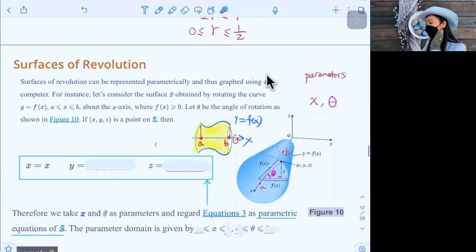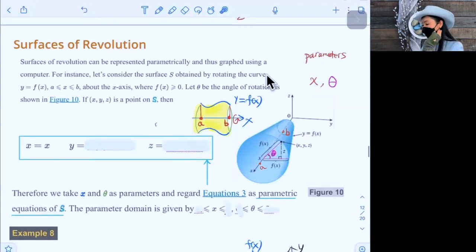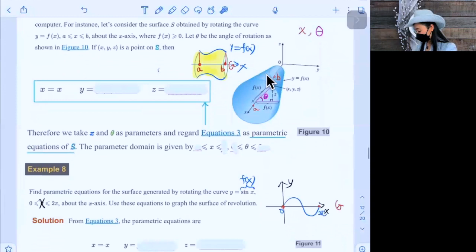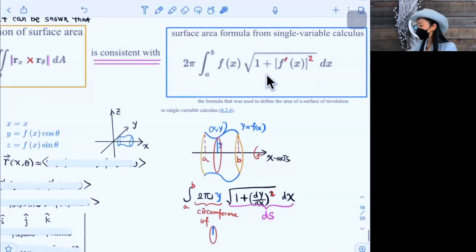Okay, next one, let's review the surface of revolution. Do you guys remember surface of revolution, right? Let me refresh your memory first. This is the formula to calculate the surface area for the surface of revolution. So how did we do that before? Suppose we have this curve over here.